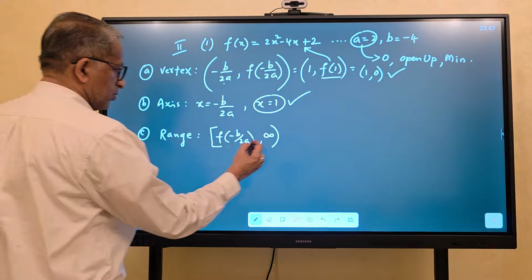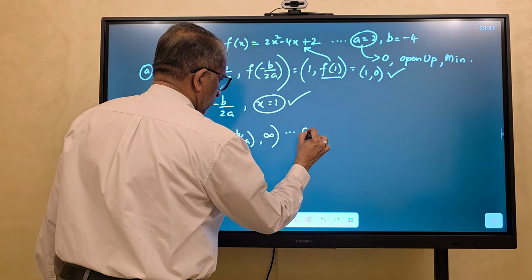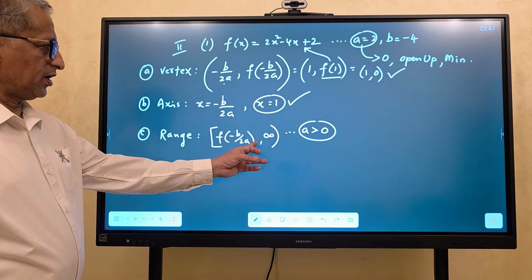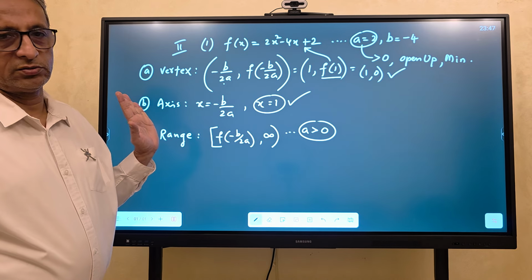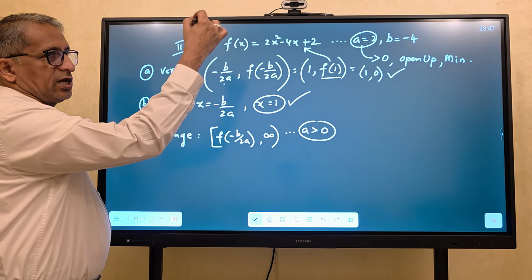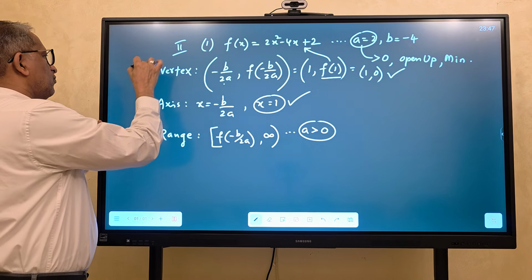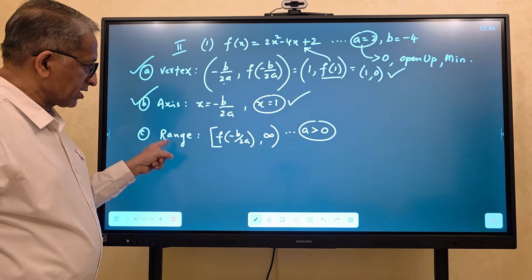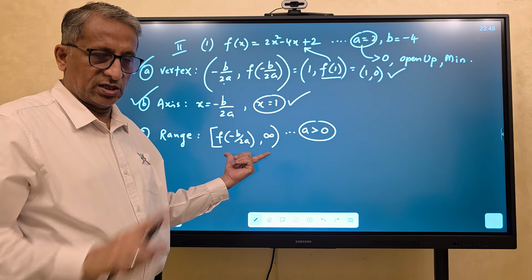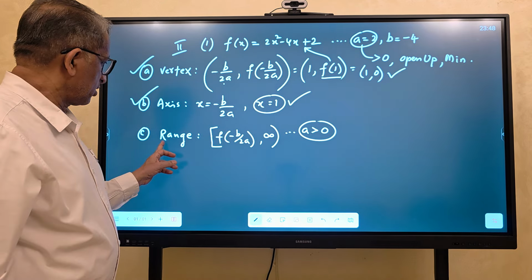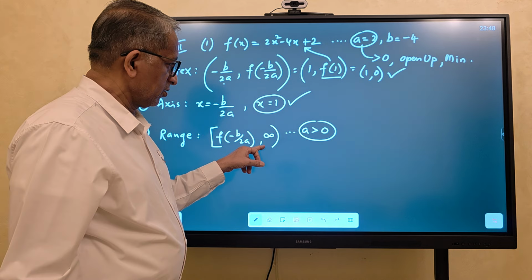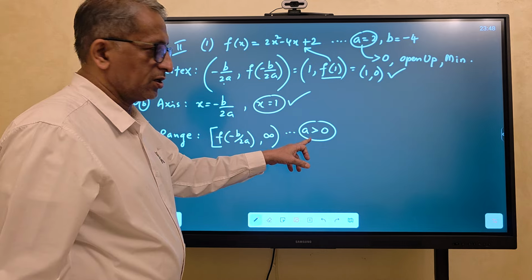Remember, this is to be used when a is positive. If a is negative, a different formula. Please remember whether a is positive or negative. Vertex and axis are the same, but when range comes, this formula will change. We will come back to that. So the range is f of minus b by 2a, comma, infinity, close bracket. This is to be used in this case.